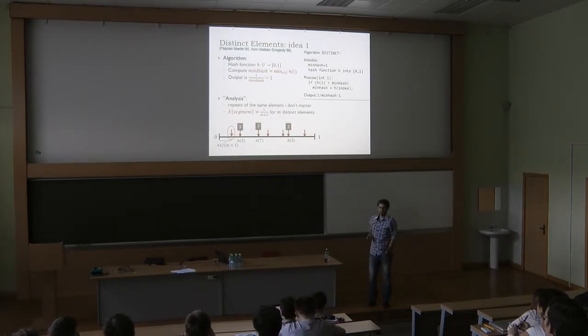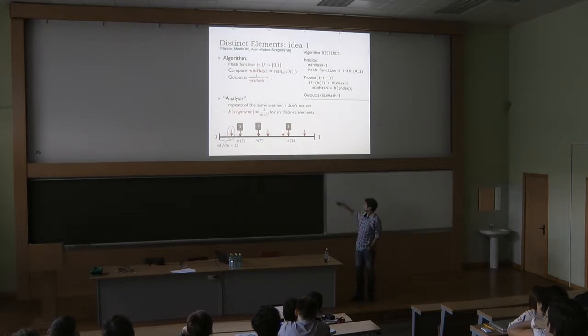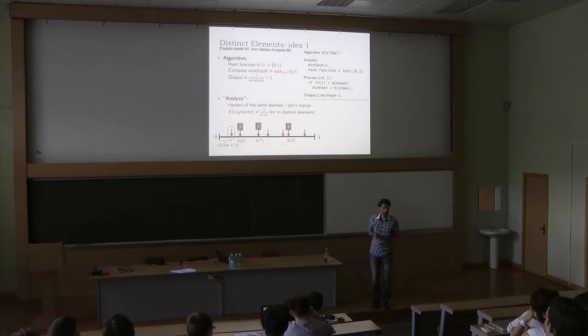The expected length of this segment can be computed in the following way. We throw another arrow, the m plus 1th arrow, and ask what is the probability that it is the smallest, the leftmost arrow. The probability that it's the leftmost arrow is exactly equal to the expected length of this segment.